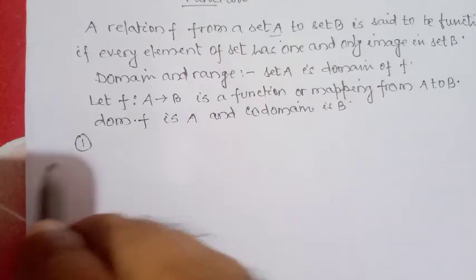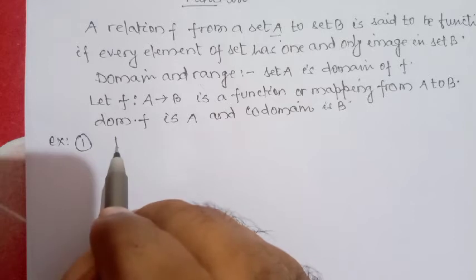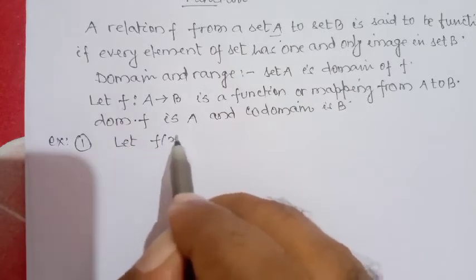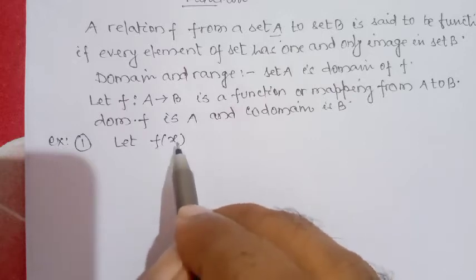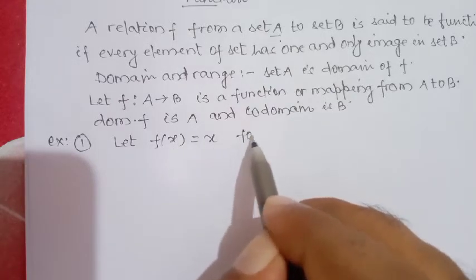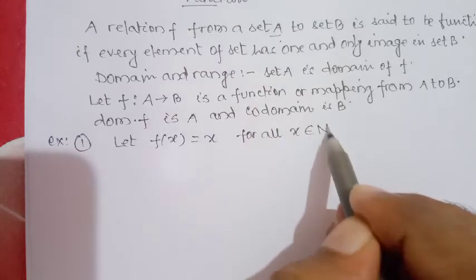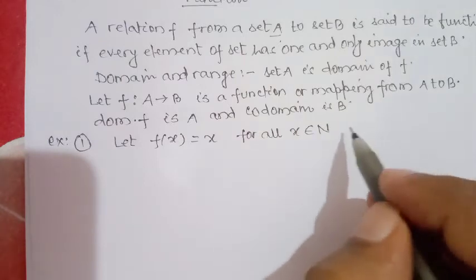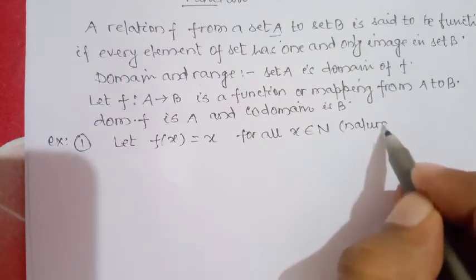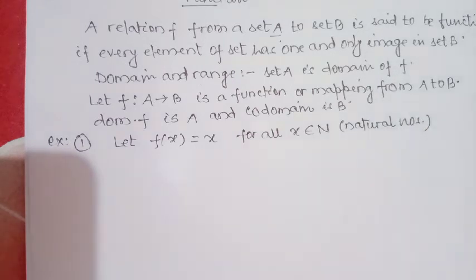This is the first example. Let f(x) equals x for all x belongs to N, that is the set of natural numbers.